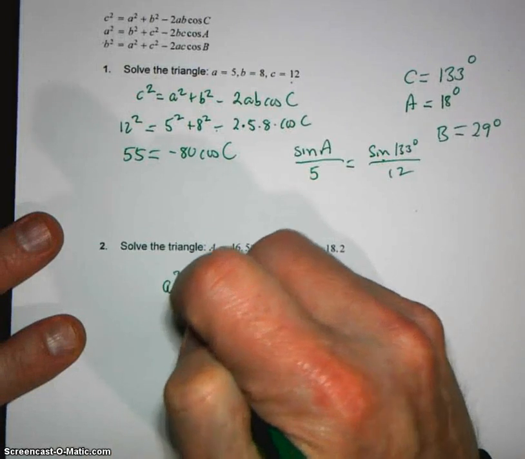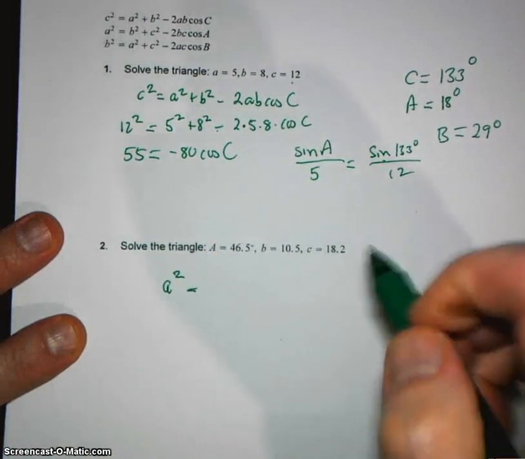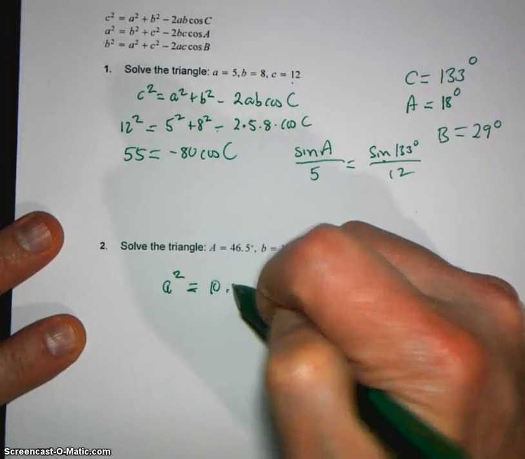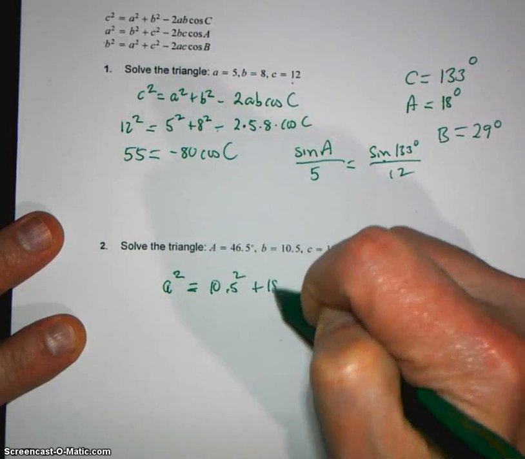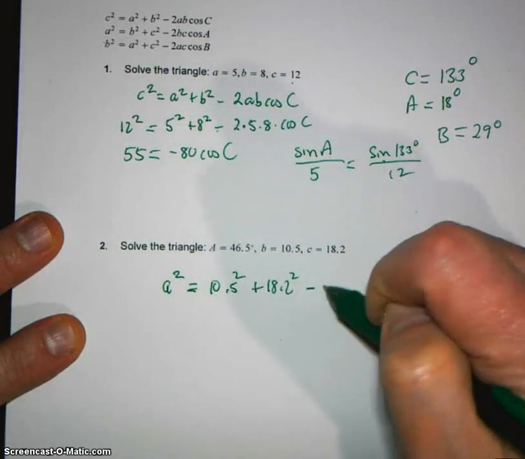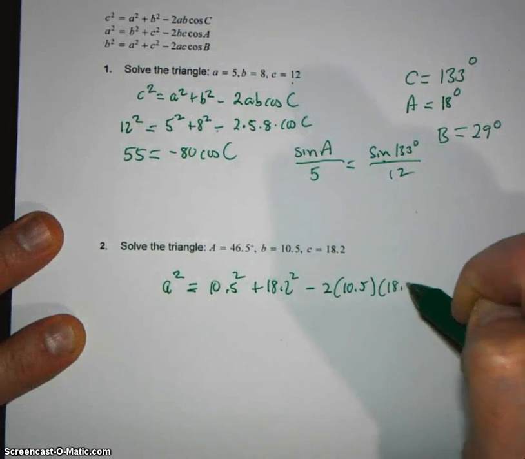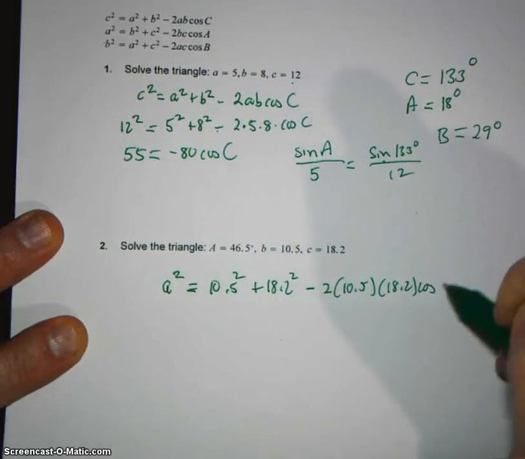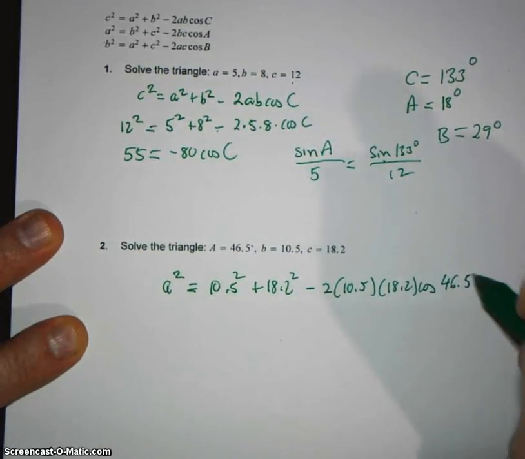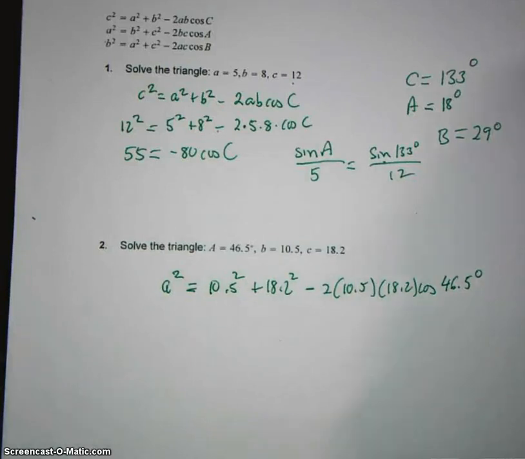So a squared is 10.5 squared plus 18.2 squared minus 2 times 10.5 times 18.2 cosine 46.5 degrees. And then it's all calculator work.